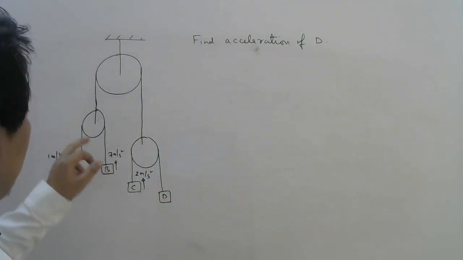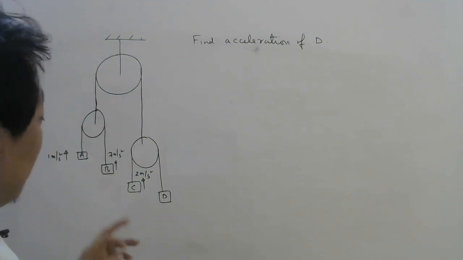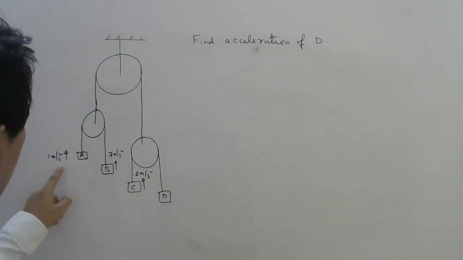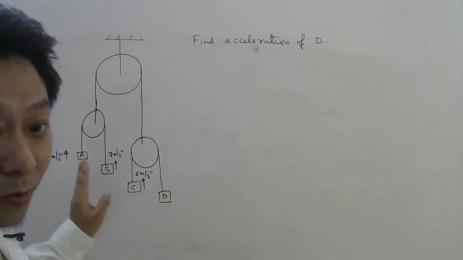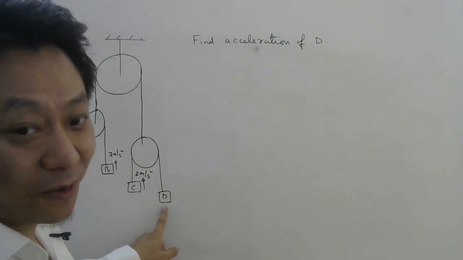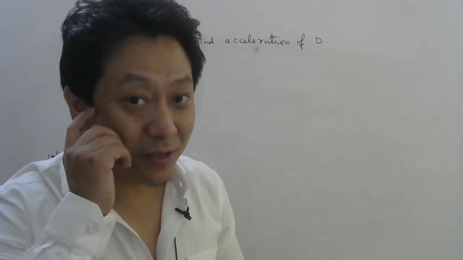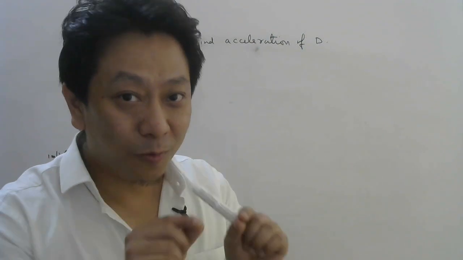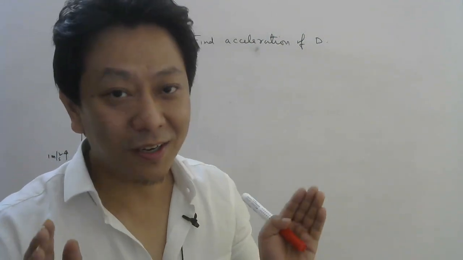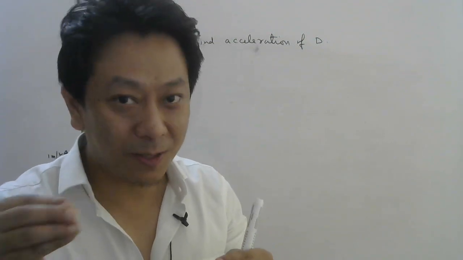Let us apply whatever we have learned to solve this question. Here we have a 3 pulley system with 4 blocks A, B, C, D. Their accelerations are given as 1, 7 and 2, units meter per second square. We have to find the acceleration of block D. Now we will solve this using the first technique, where the length of the string is constant, and for each movable end of the string we give some displacement.